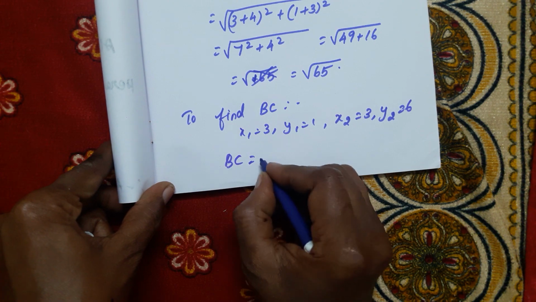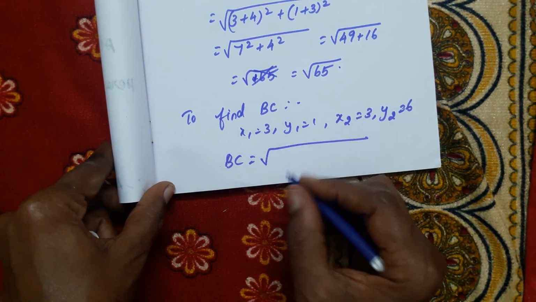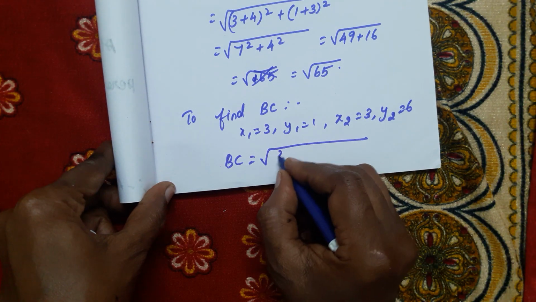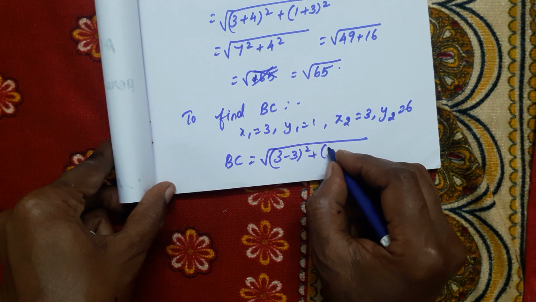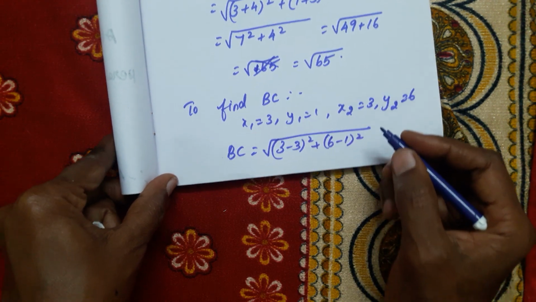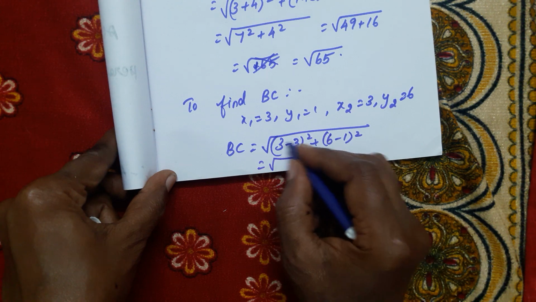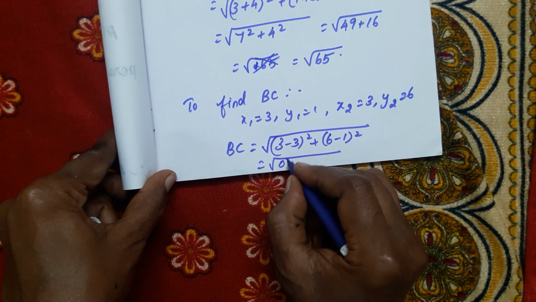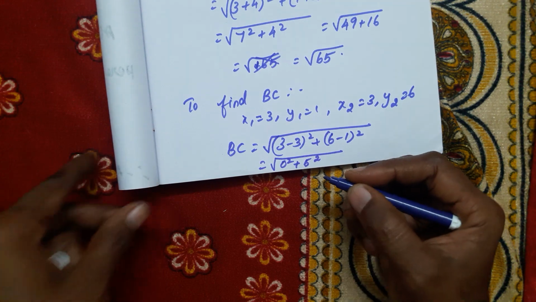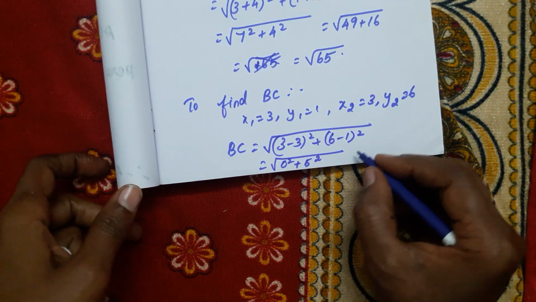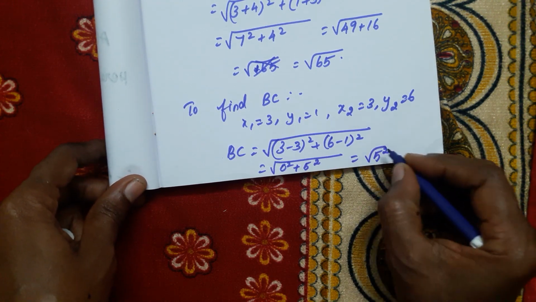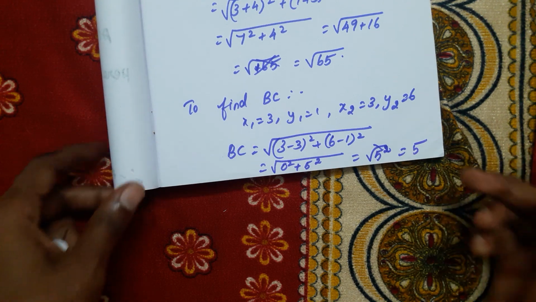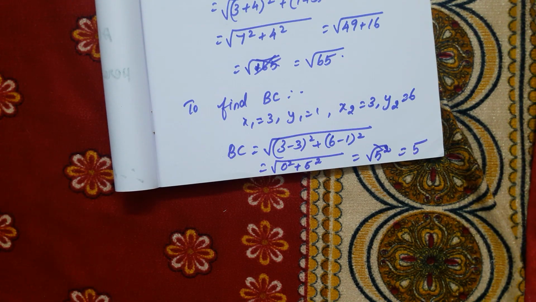BC is equal to root of (x2 minus x1) the whole square, so (3 minus 3) the whole square plus (y2 minus y1) the whole square, (6 minus 1) the whole square. It's equal to root of 0 square plus 5 square. 0 square is 0 only. Root of 5 square is equal to 5. Side BC is equal to 5.